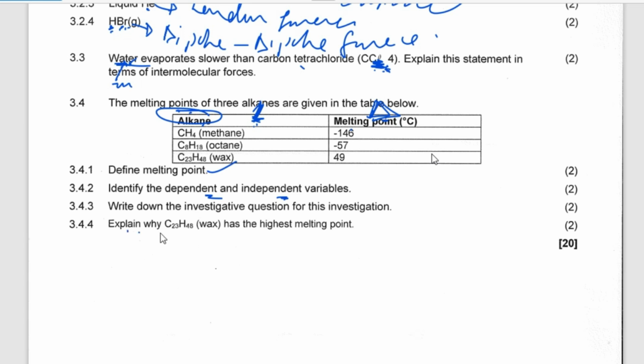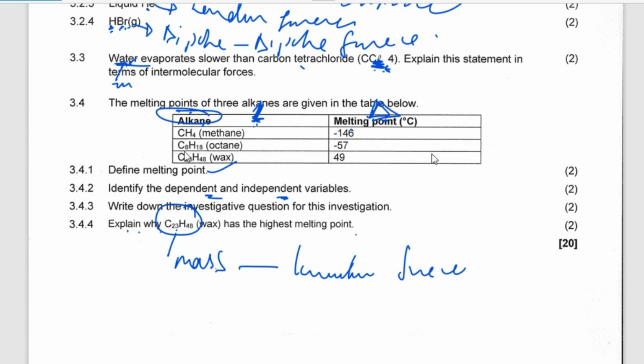And then we explain why wax has the highest melting point. Here there are two reasons you can use, or you can use one reason: it has the highest mass. The higher the mass, the higher the London forces, meaning it will require a high amount of heat to break those London forces.